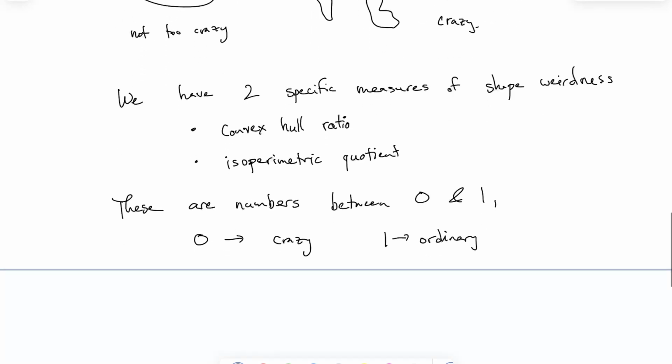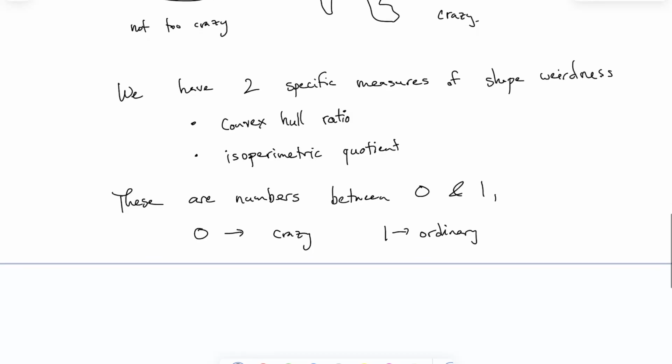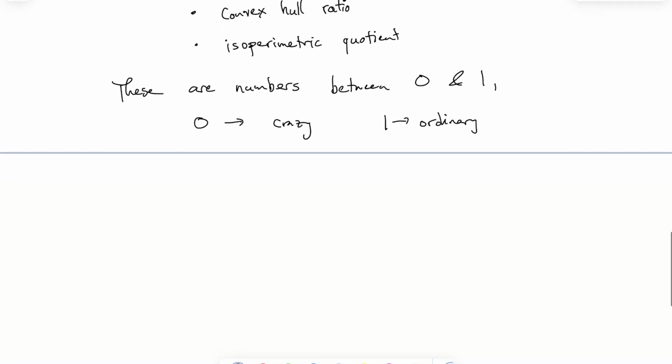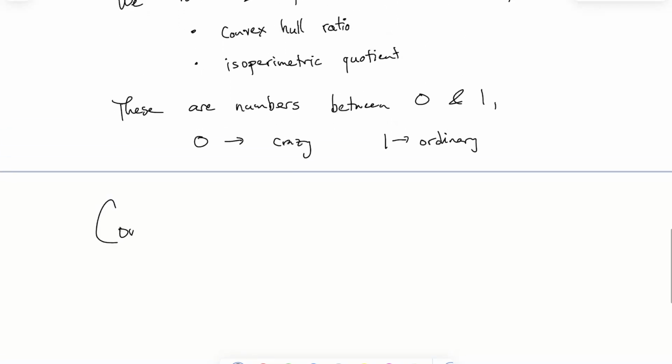And actually, I don't know if we're going to get all the way to the definition of the convex hull ratio, but let's talk about the convex hull ratio. This is a way of measuring how wiggly a shape is.